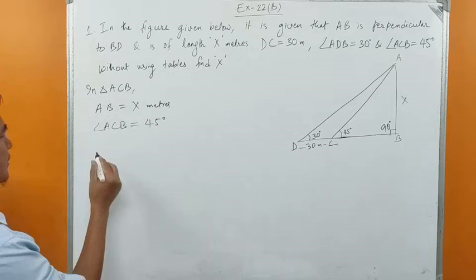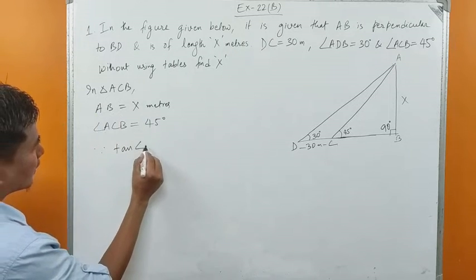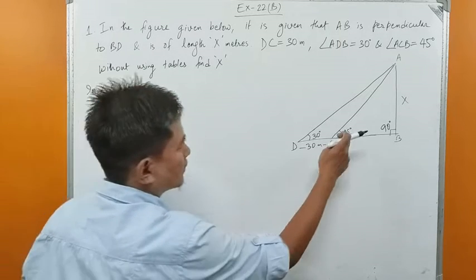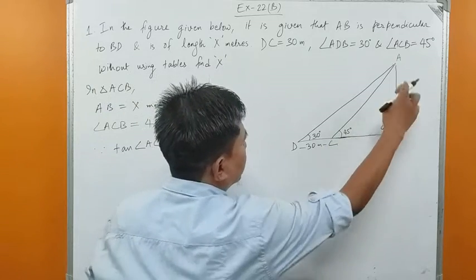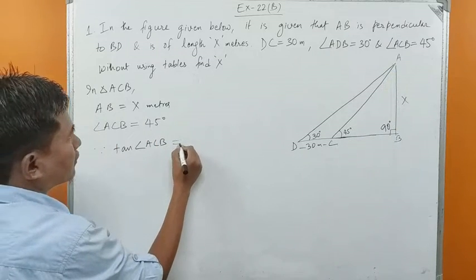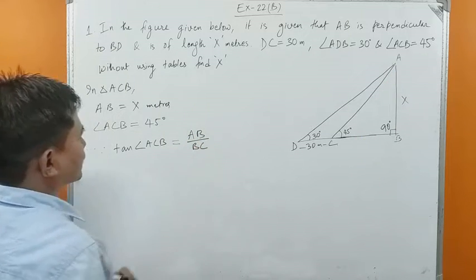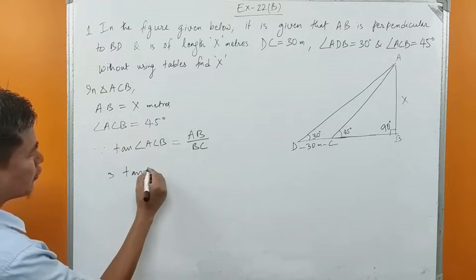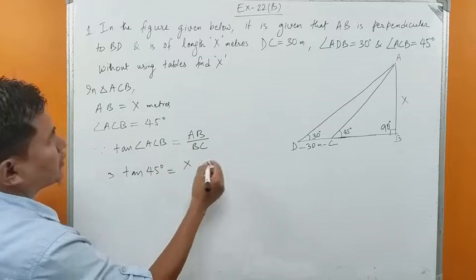Because we know that tan theta is perpendicular upon base, so tan of angle ACB is perpendicular AB and base BC, or you can write CB as well. Tan of angle ACB is given to us as 45 degrees.